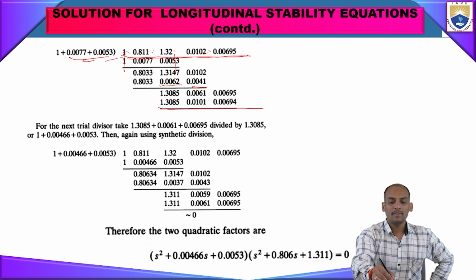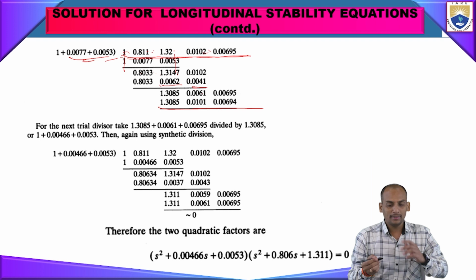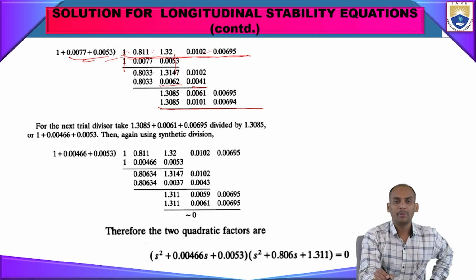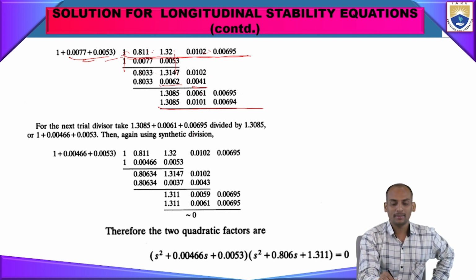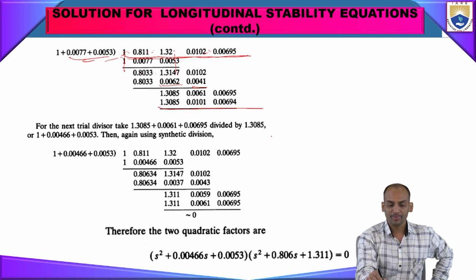See here, the differences are almost very low. If you continue to the next division, that is 1.3085 plus 0.061 and 0.69 divided by 1.3085.